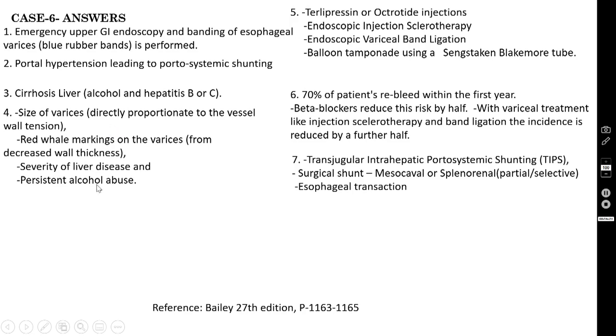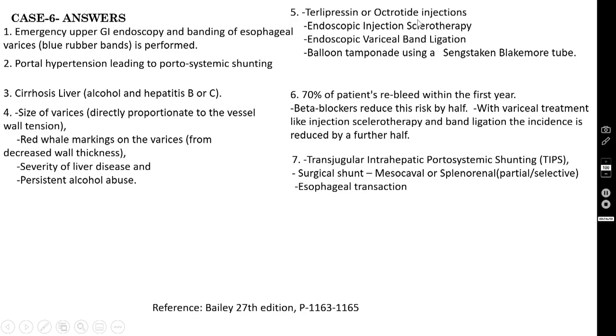When will rebleeding occur? It depends on the size of the varices, directly proportionate to the vessel wall tension. Red wale marking or white nipple sign are telltale evidence of recent bleeding. Severity of the liver disease and persistent alcohol abuse also produce rebleeding. And what is the initial treatment?